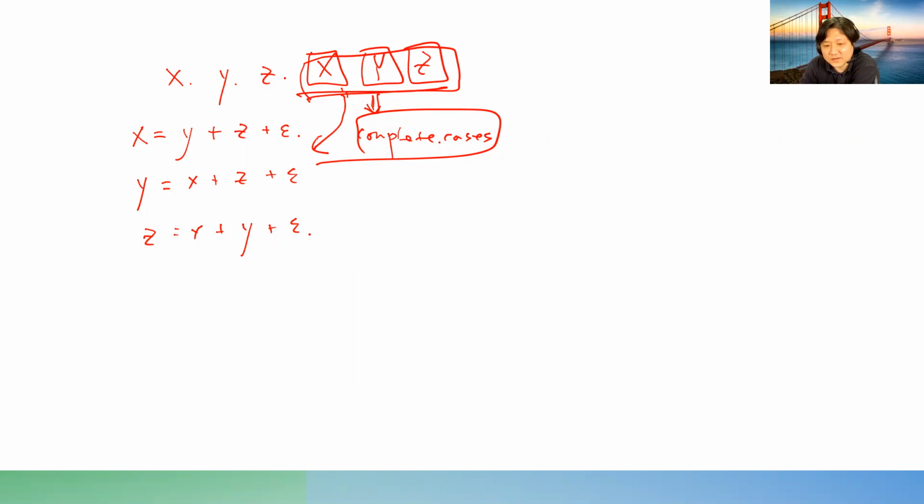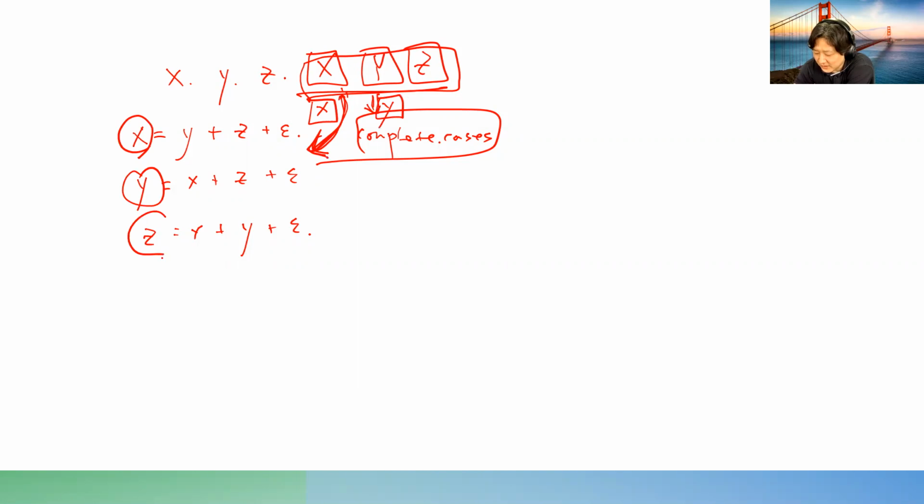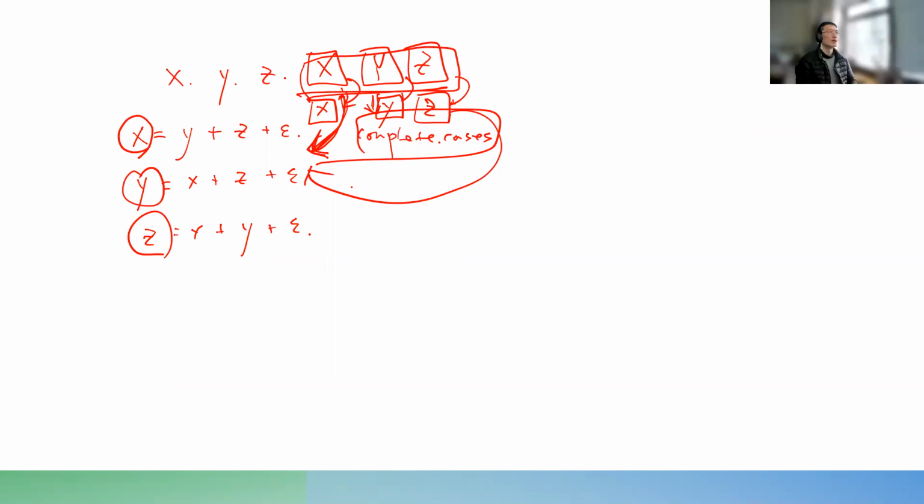So we predict again, and then we get another predicted X variable, another Y variable, another Z variable, right? And we update it, and then repeat it again.